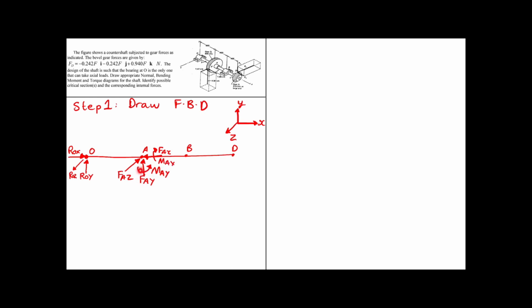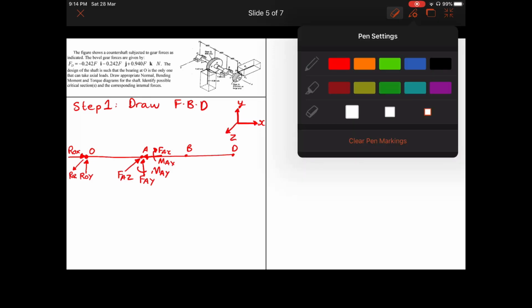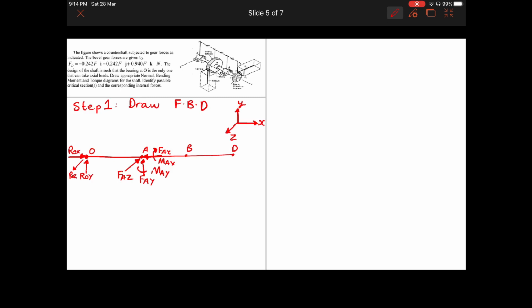Actually I have made a mistake here. I drew this counterclockwise. So let me just erase it. I drew this opposite. So the direction was clockwise as well. MAY. Okay. So MAX and MAY.